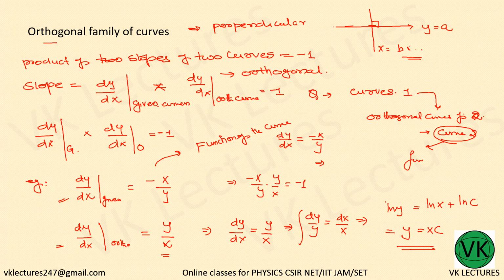So x dx equal to minus y dy. That is x square plus y square equal to c. This is the family of circles, and this, y equal to xc, as a parabola.